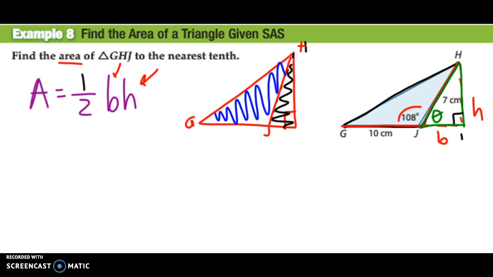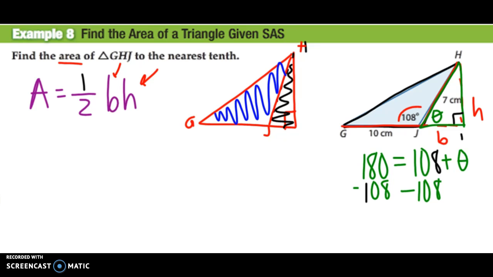So 180 is going to be 108 plus my value of theta right here. If I subtract 108, I find that my theta is 72 degrees. So this is 72 degrees right here.